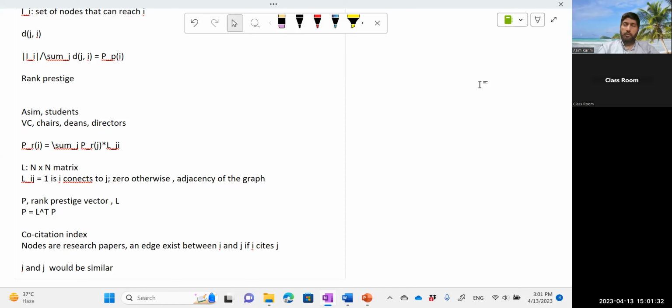There is another one which is its inverse. I and J would be similar if many papers K cite both I and J. So now we are talking about two papers I and J, or two nodes in a graph I and J, and a third node K. If the third node K is connected to both I and J, and there are many such K nodes, that means that I and J are very similar. Okay.